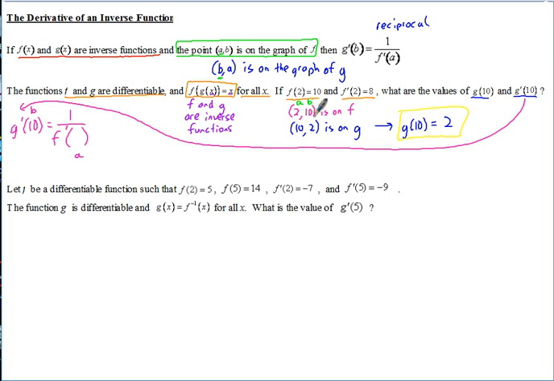Remember, this is the point (a, b) that's on the original function. This is the point (b, a) that's on the inverse. So a, either way, is 2. So f prime of 2. And then we're told f prime of 2 is 8 right here. So g prime of 10 would be 1 over 8. So you can see the slope of the original function at the point (2, 10) is 8. The slope on the inverse at its corresponding point, (10, 2), is the reciprocal, 1/8.